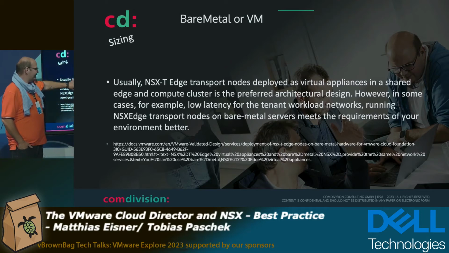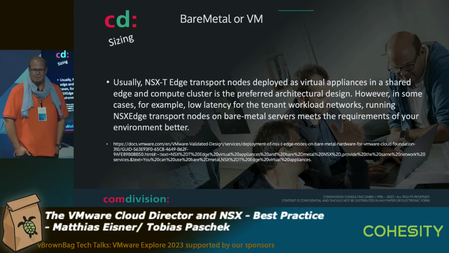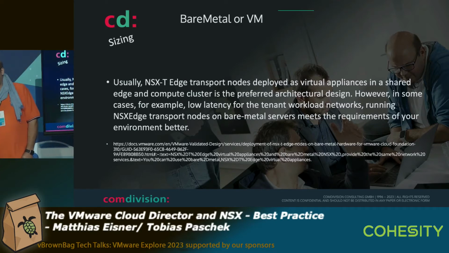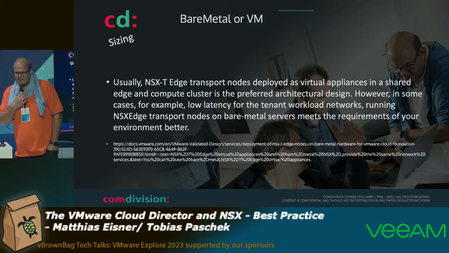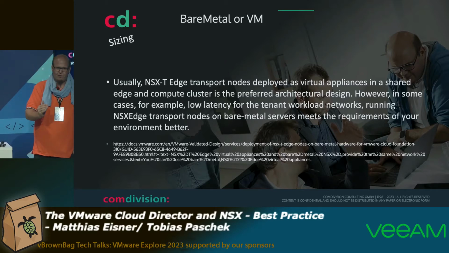Also here, having a look at the official VMware documentation, VMware clearly says the bare metal edge only makes sense if you have high latency applications in your environment. It makes no sense for just pure routing or just pure firewalling.